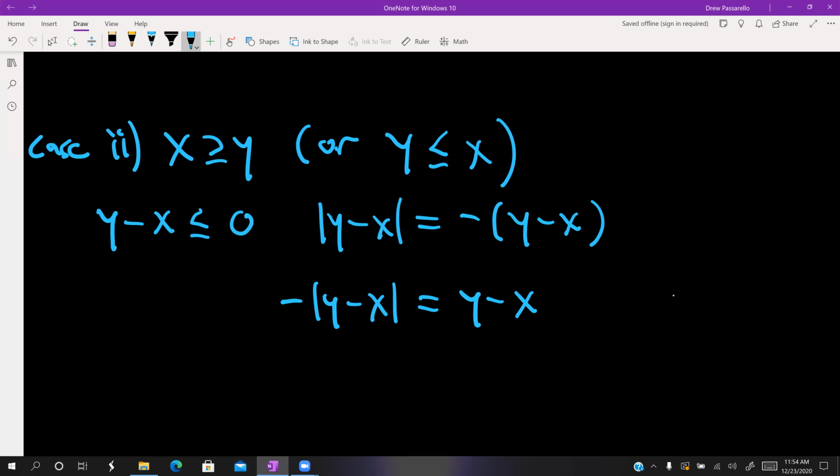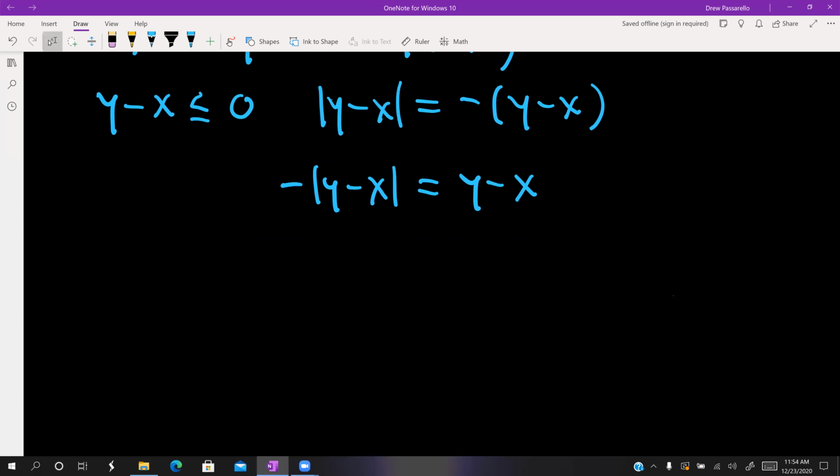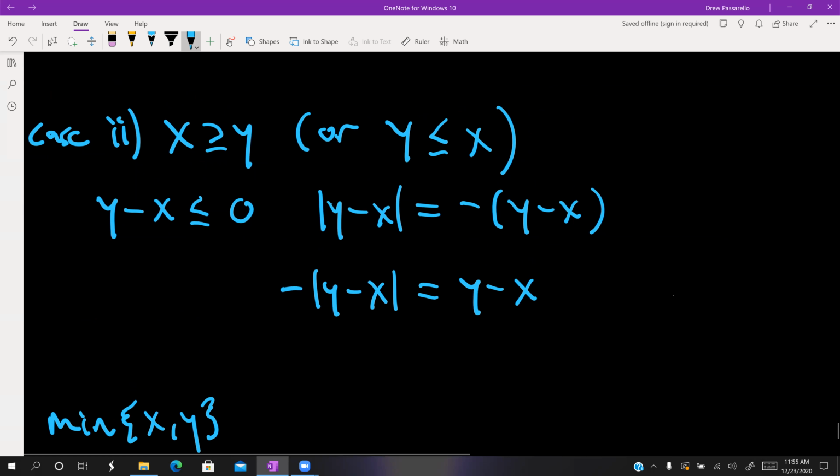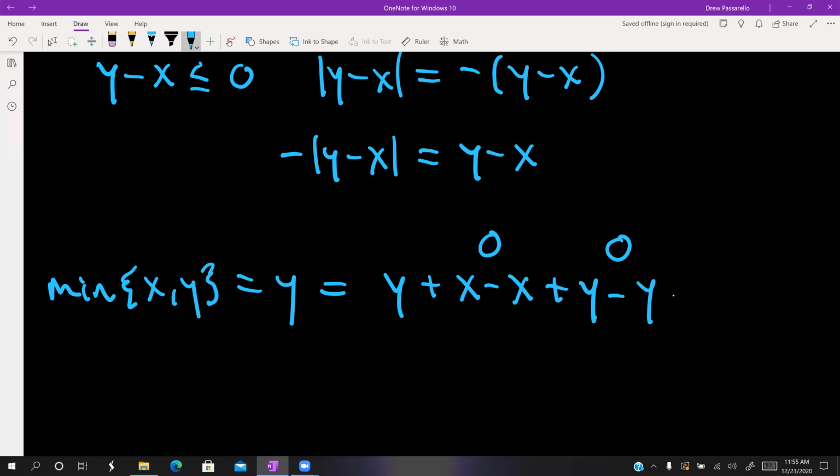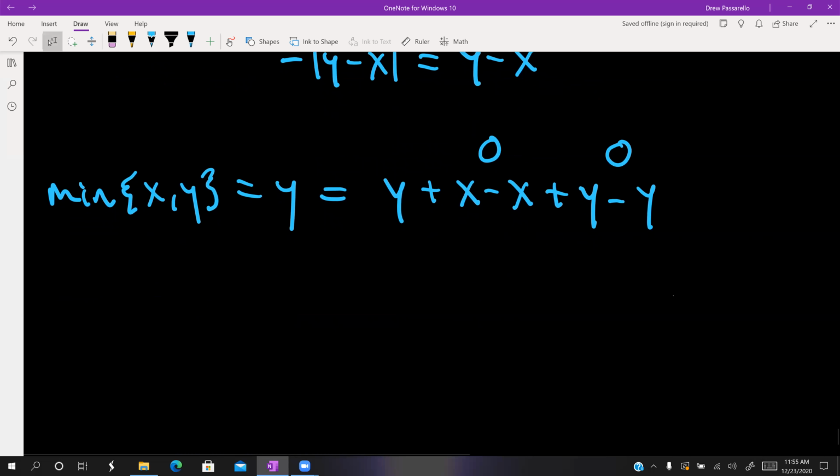And yeah, so now I'm doing the min of x and y in the case in which x is greater than or equal to y, or y less than or equal to x. So we know the min is going to equal y. And like before, I'm going to add 0. So if I add 0 in the form of x, it'll be y plus x minus x, and then I add 0 again in the form of y. So I can switch the order of y plus x into x plus y.